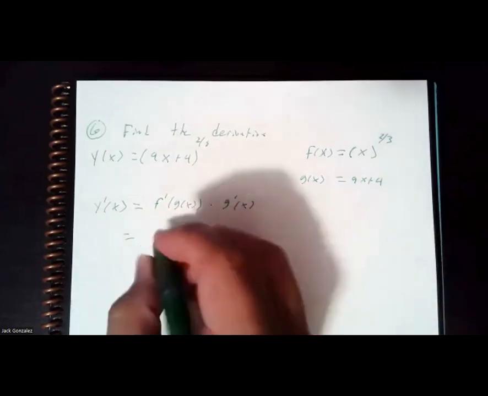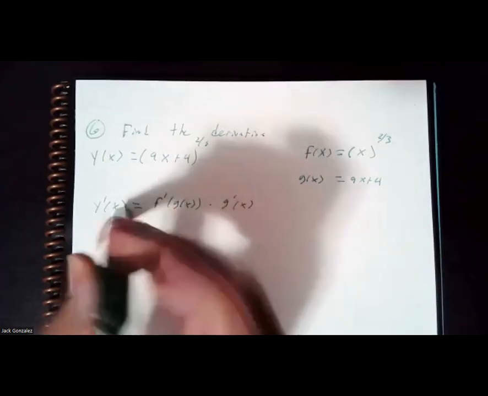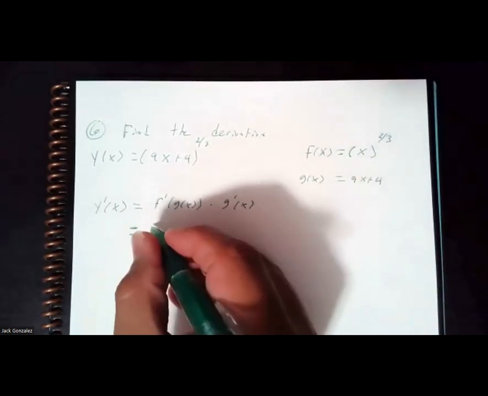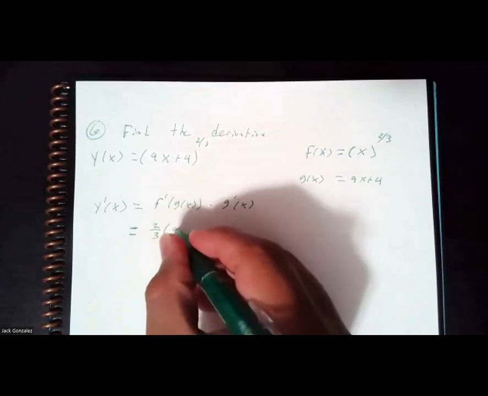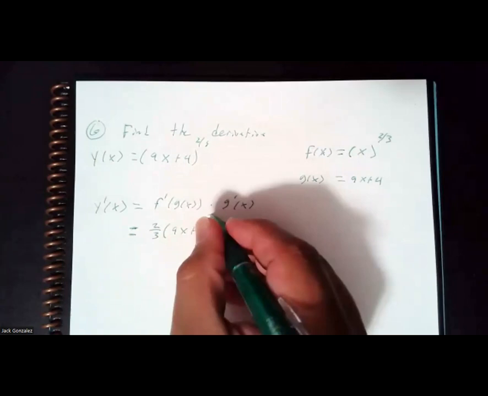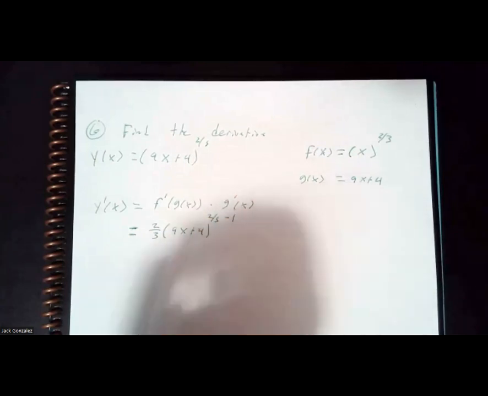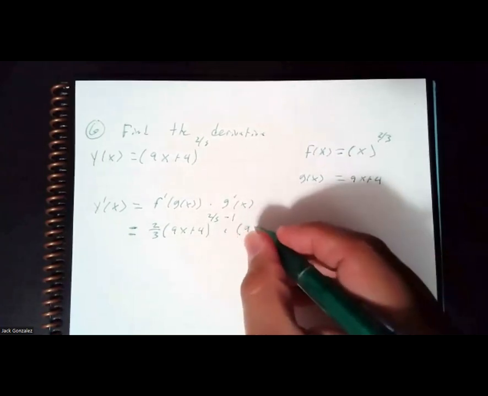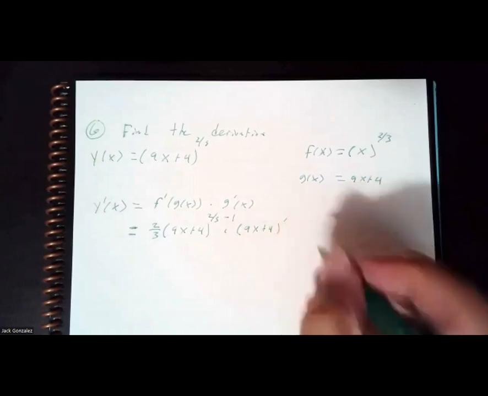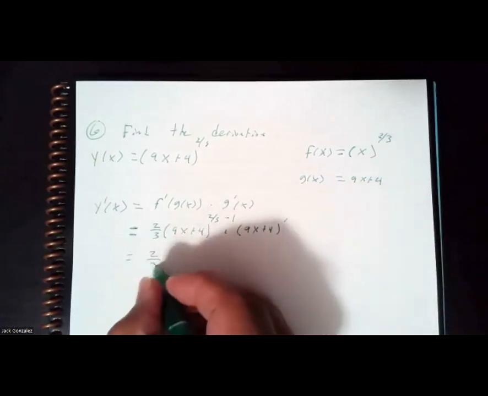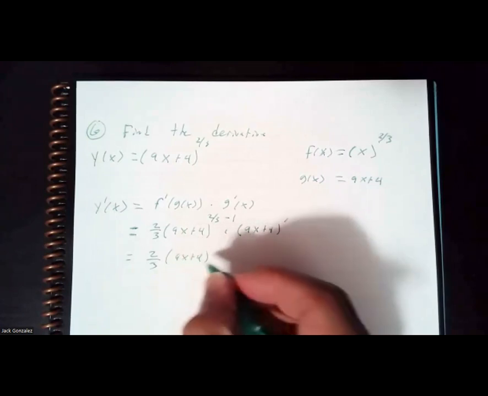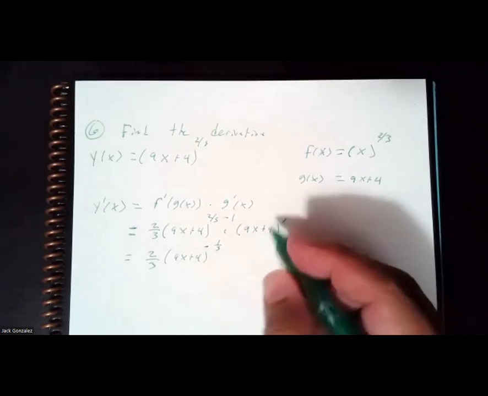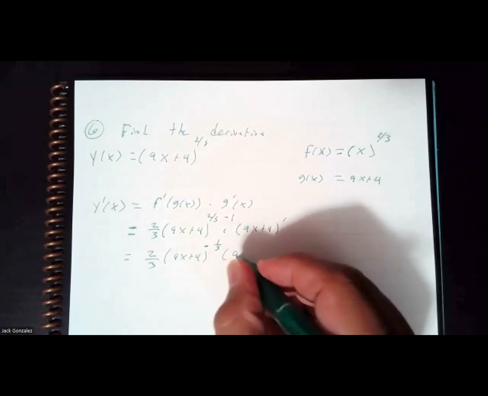So here we'll have the power rule for the outer function, times the derivative of the inner function. So that'll be 2/3 (9x plus 4) to the 2/3 minus 1, which is negative one third, times the derivative of this, which will be 9, right?